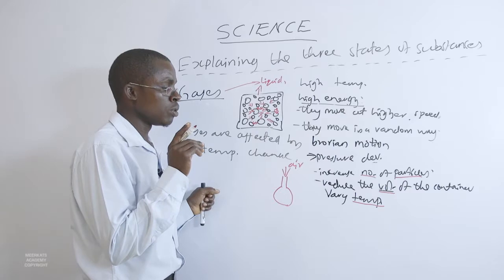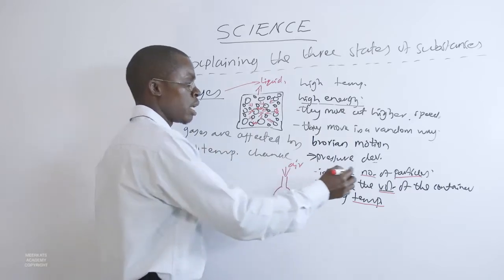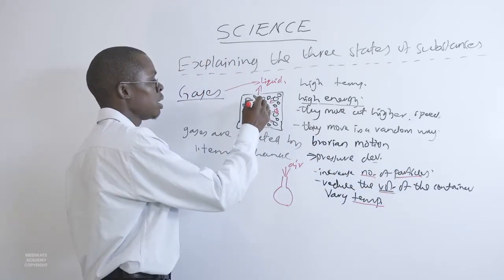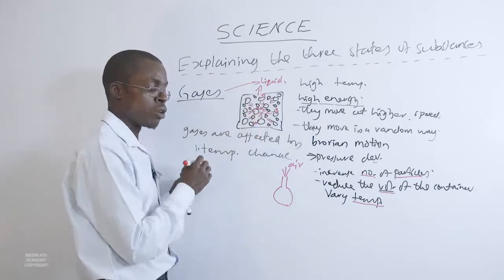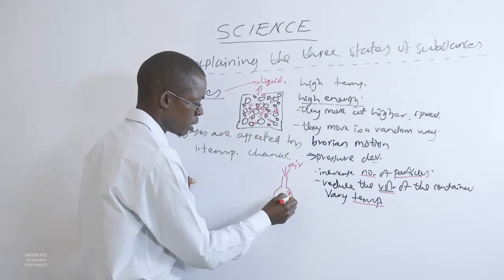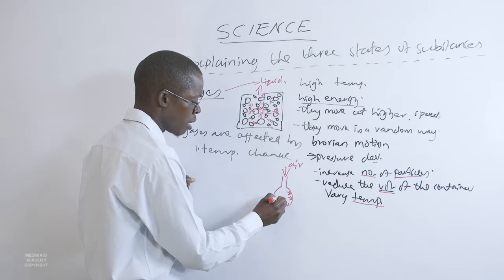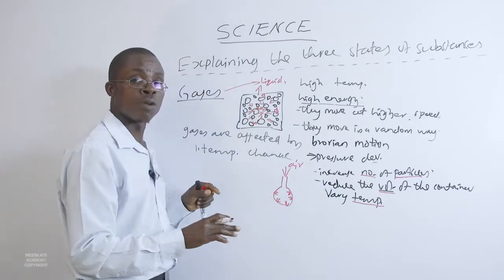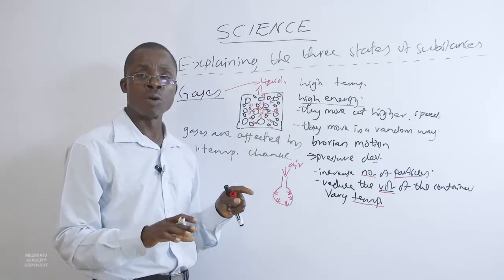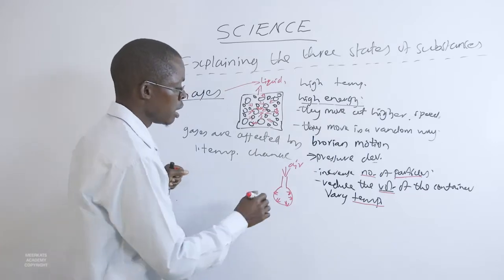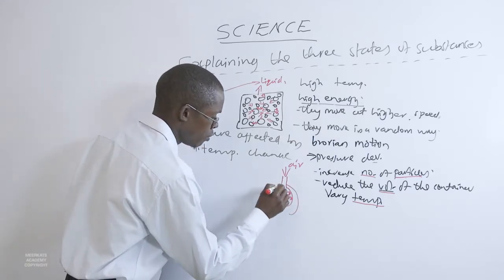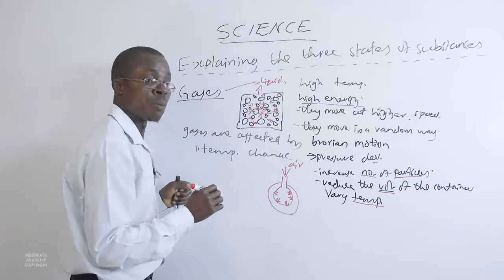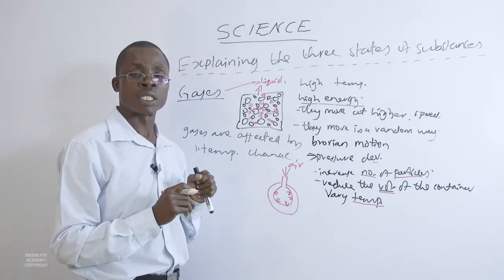Two, this number of particles will increase gas pressure on the walls of the balloon. Gas pressure will be higher because there are more particles, so many of them will be colliding with the walls. In so doing, they push the walls of the balloon, making it expand.